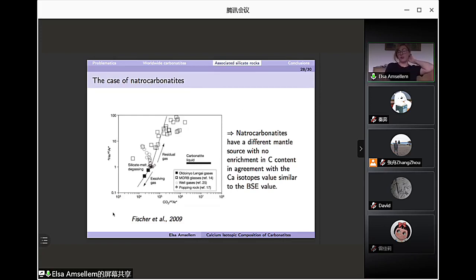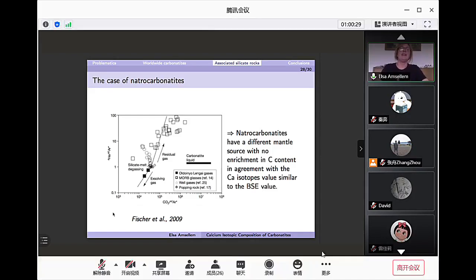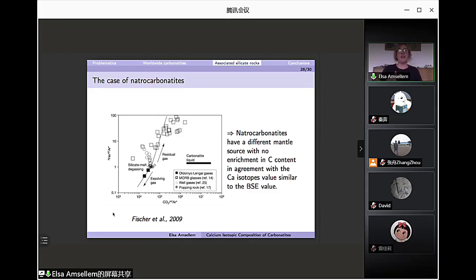Then we can still wonder why natural carbonatites are different from calciocarbonatites. Well, there's a study of Fischer et al. 2009 that analyzed the Lengai gases and estimated the carbon content in the mantle source of natural carbonatites. And they have shown that the natural carbonatites present no enrichment in carbon content compared to the average carbon content in the mantle, which is in agreement with the calcium isotopes, because natural carbonatites have compositions that are close to the BSE value.